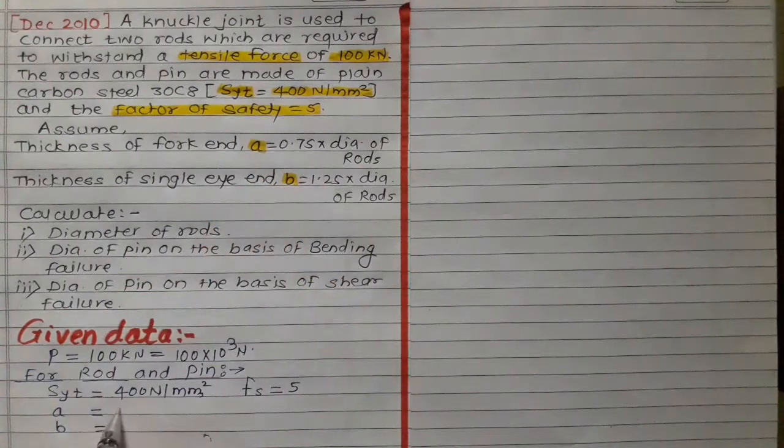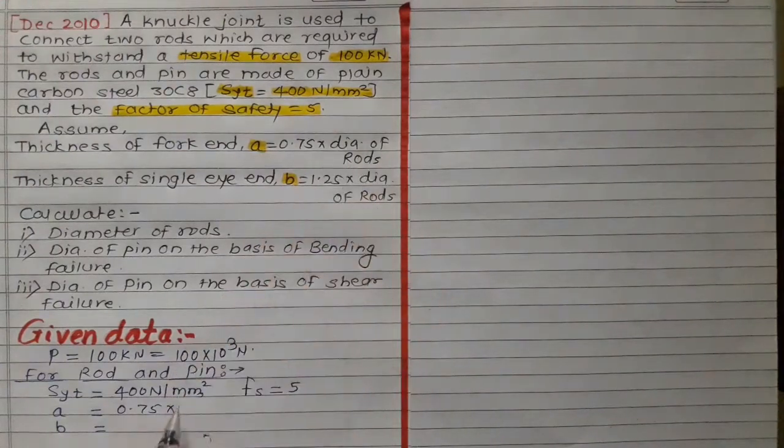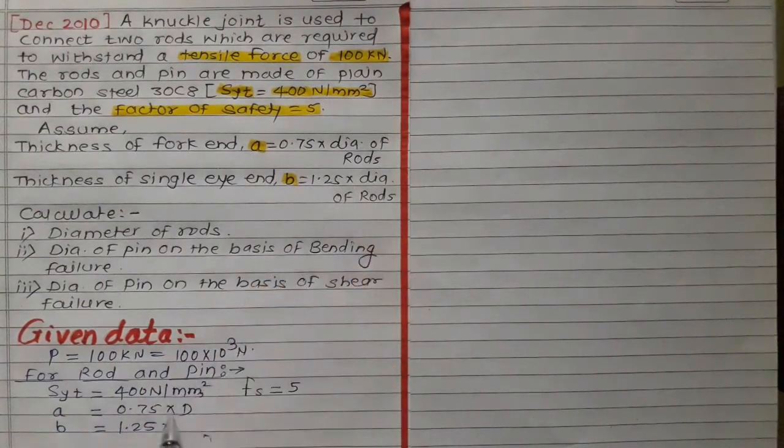Small a is 0.75 times the diameter of rod, which is denoted by capital D, so a is equal to 0.75 times capital D, and b is equal to 1.25 times capital D, the diameter of rod. So this is the given data.